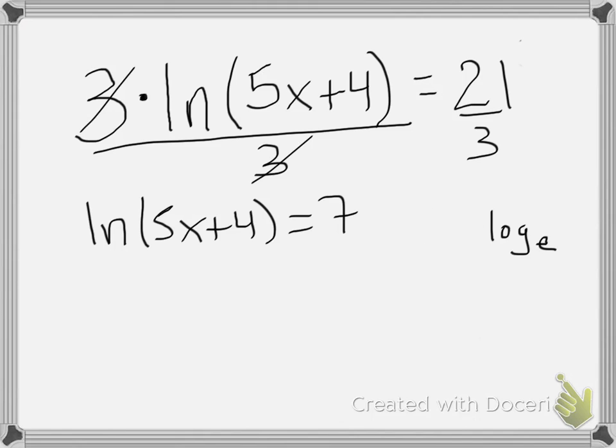So our base is e, so I'm going to write that as my base. What the logarithm equals, that's the power that goes on e. And so this is e to the 7th. That's going to equal the number, or n, the thing that you're taking the logarithm of, in this case 5x plus 4, and so that's going to go here.